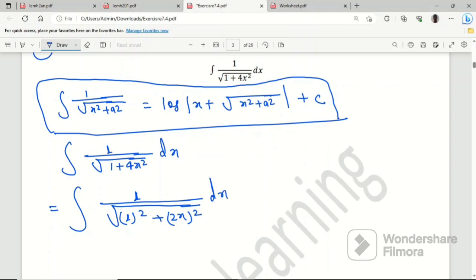So it is in the form of x square plus a square under root. So our formula will give us log x, which is 2x, so we'll get 2x plus under root x square, again I will get 4x square. Our a is 1, so I'll get 1 plus c. But here 2x is there, so once I differentiate it I will get 2, but here it is integration, so I'll send it downwards. So our answer should be 1 by 2 log 2x plus under root 4x square plus 1 plus c.